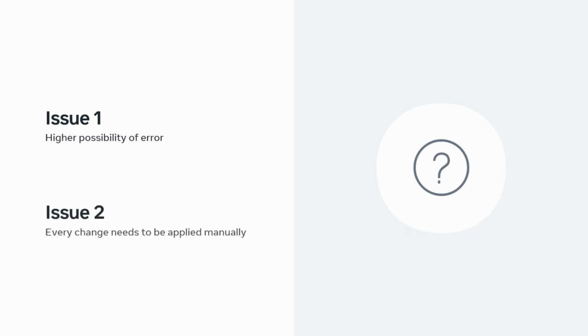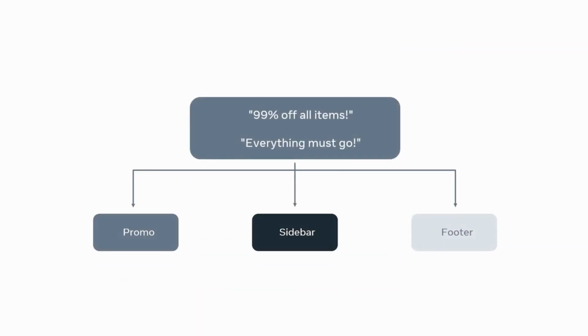It means you'll have to change the text in all the connected components once more. But instead of writing the same code over and over, you can change your approach. You can establish a single source of truth that contains the two strings that store the values for the texts 99% off all items and everything must go. This will be contained within the parent component so that any data needed can be passed on to the child components using props.